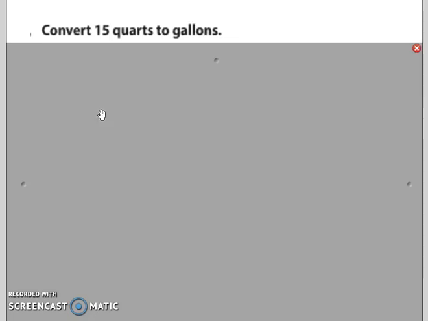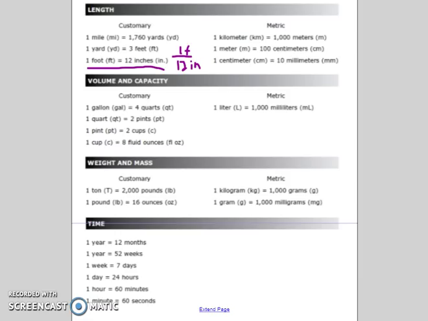So let's go to a real example of converting. Let's convert 15 quarts to gallons. Before we can do cross multiply and divide, we need to find our conversion rate. What are we looking for? We're looking for quarts to gallons.